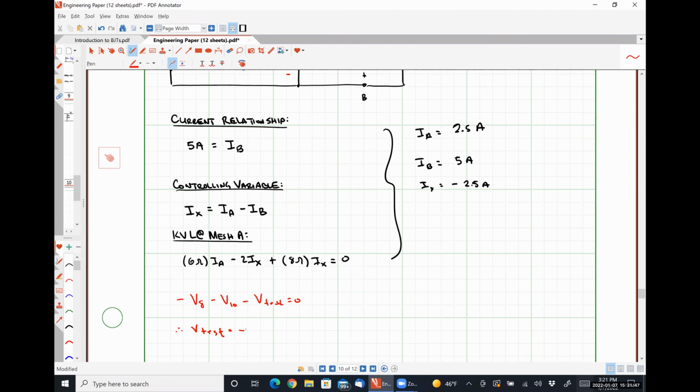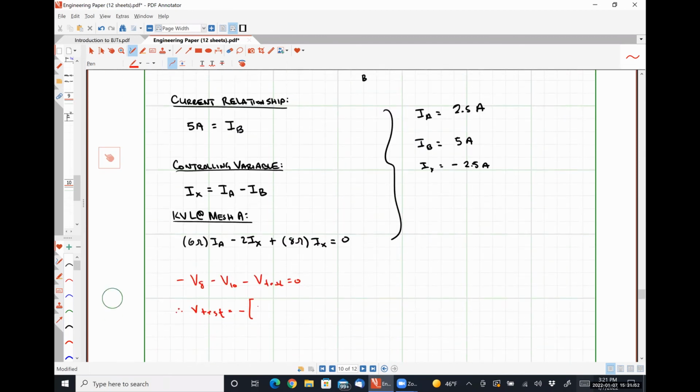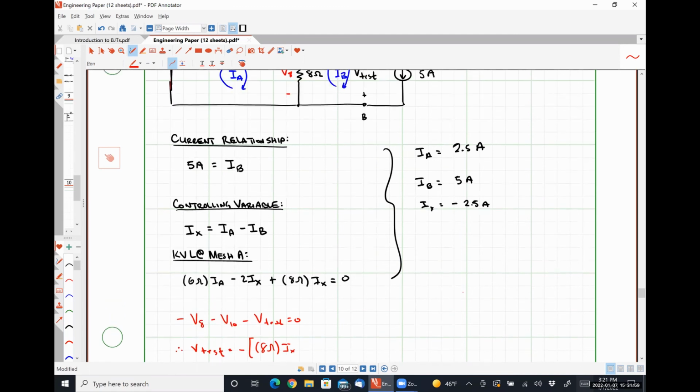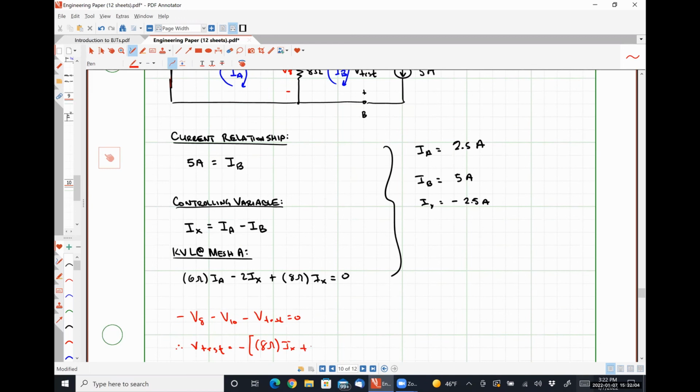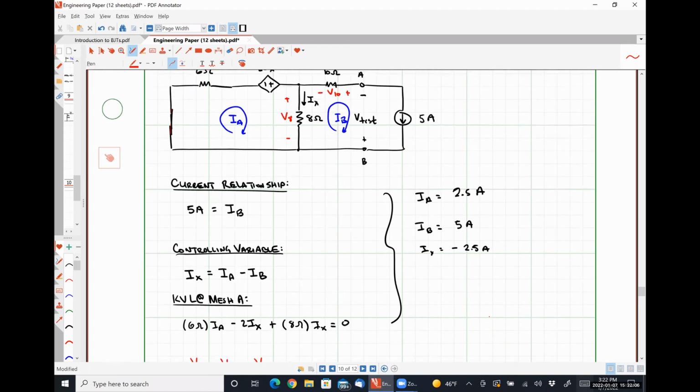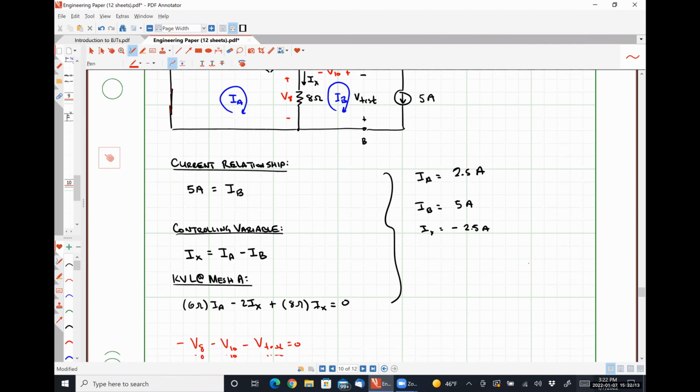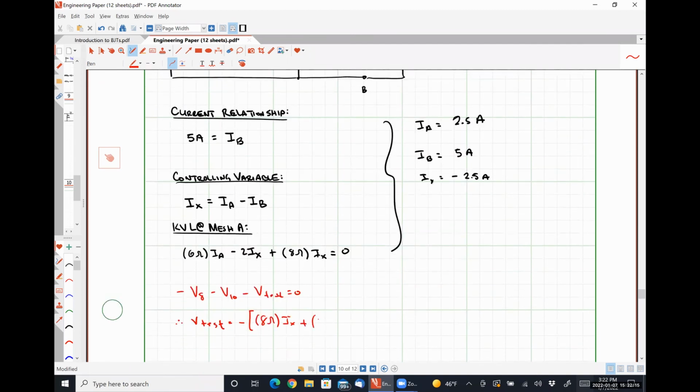negative V8, which we know to just be 8 ohms times IX, and V10 is just negative IB times 10. Right, so 10 ohms times IB.